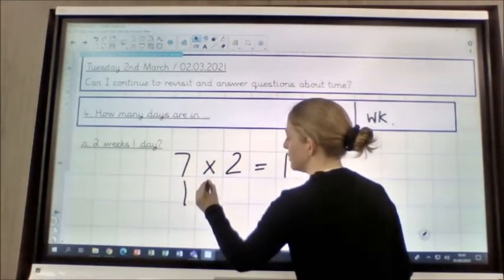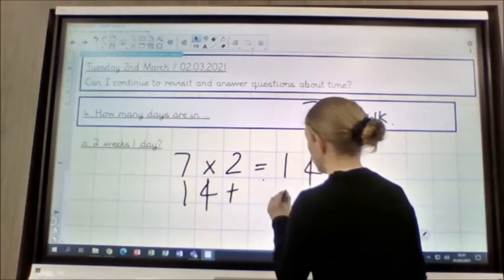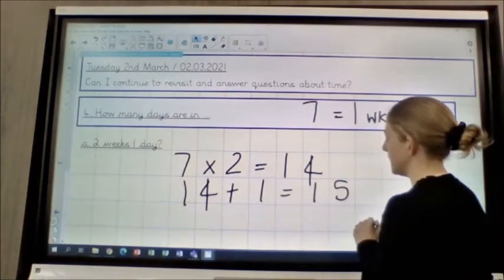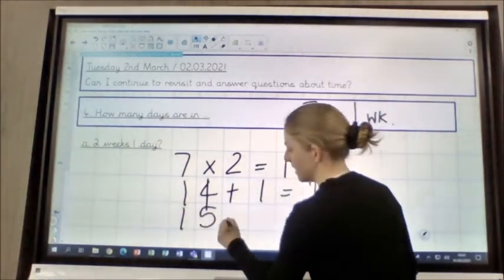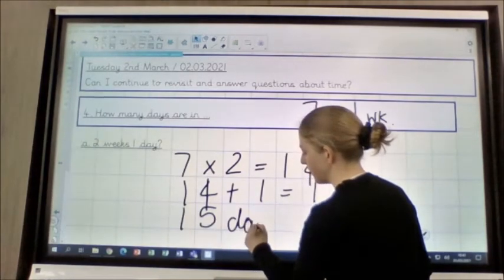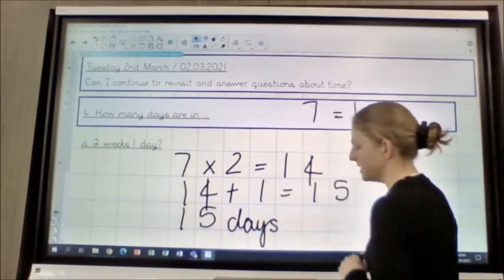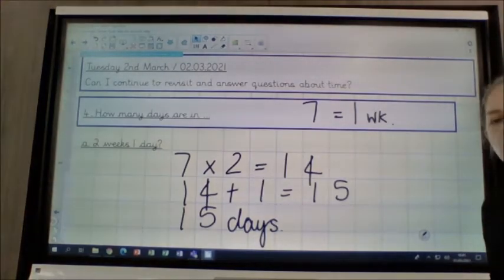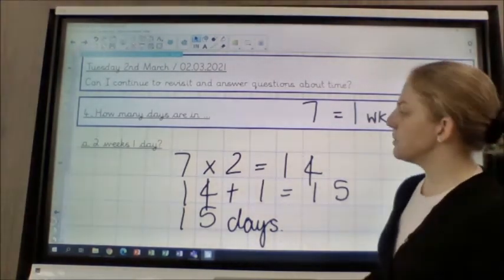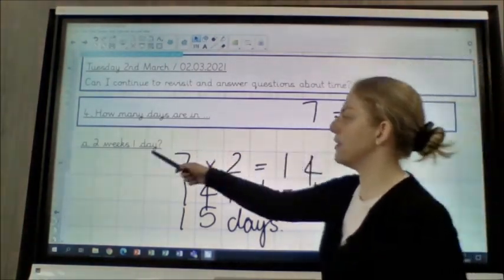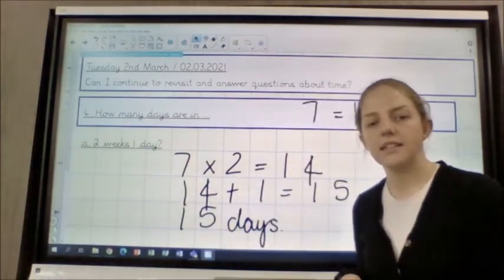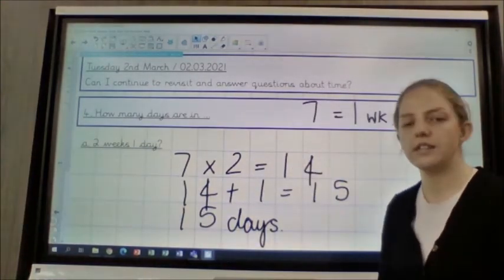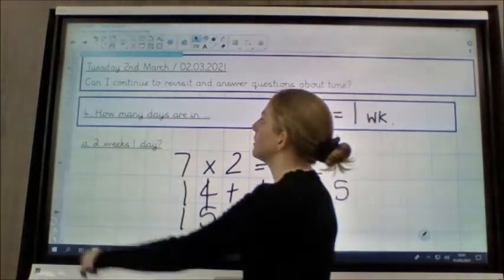And then we have to do 14 add 1 equals 15. So therefore my answer is going to be 15 days. Okay? Super duper easy. You're going to be multiplying by 7 with whatever answer is in weeks, because we know that there are 7 days in 1 week.